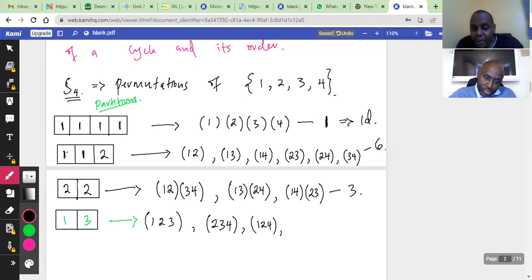You see, I can repeat the 1, 2, 3, but I'm also going to say 1, 3, 2. Do you realize these are the same letters, but the two cycles are different? You see, in the first one, 1 goes to 2, but in the second one, 1 goes to 3.